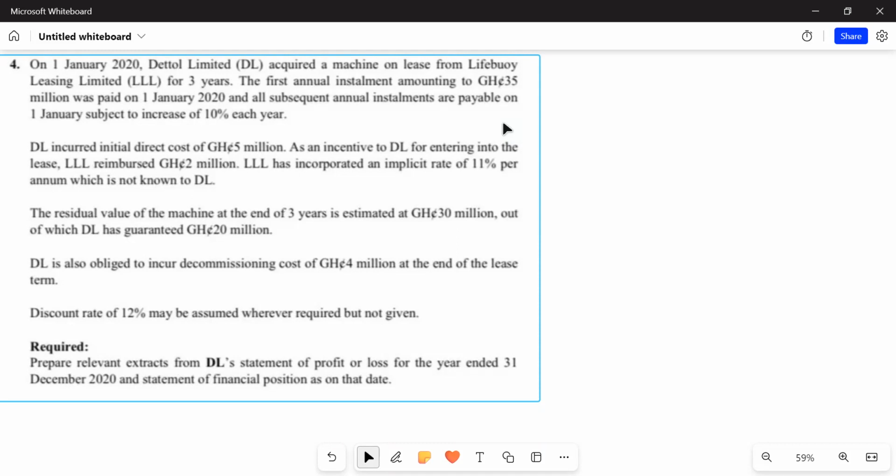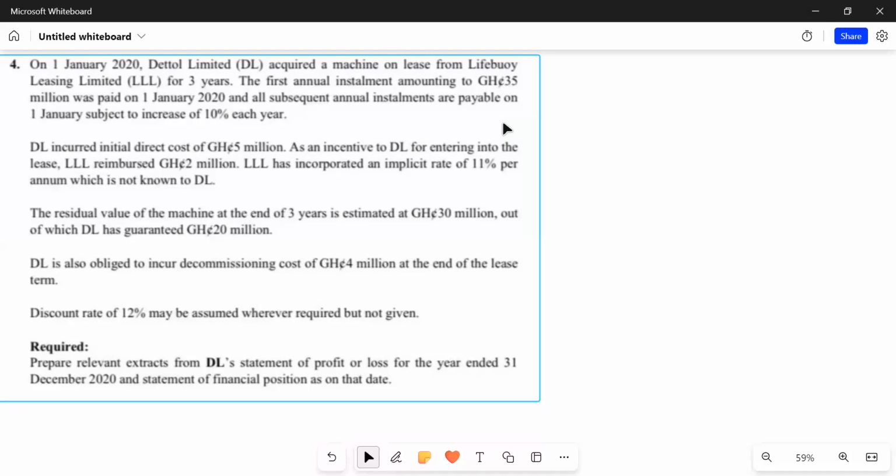LLL has incorporated an implicit rate of 11% per annum, which is not known to DL. The residual value of the machine at the end of 3 years is estimated at 30 million, out of which DL has guaranteed 20 million. DL is also obliged to incur decommissioning cost of 4 million at the end of the lease term. Discount rate of 12% may be assumed wherever required but not given.